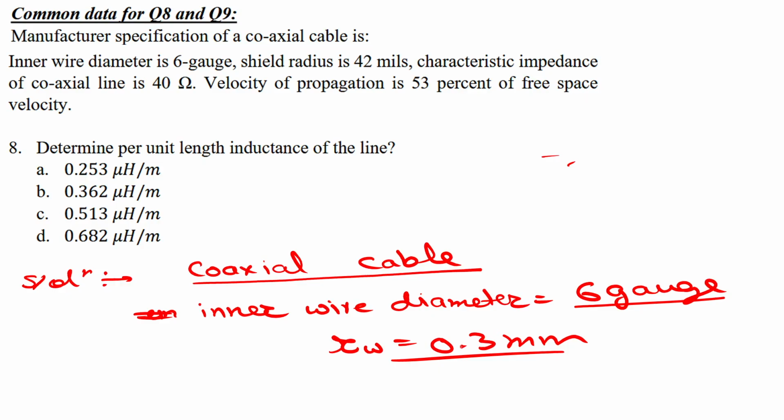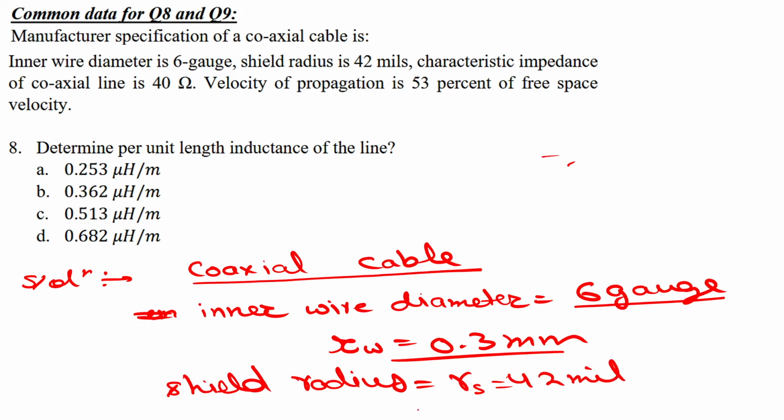This is the radius of the inner wire, RW is 0.3 millimeters, and the shield radius RS is 42 mil, which can be written in centimeters.